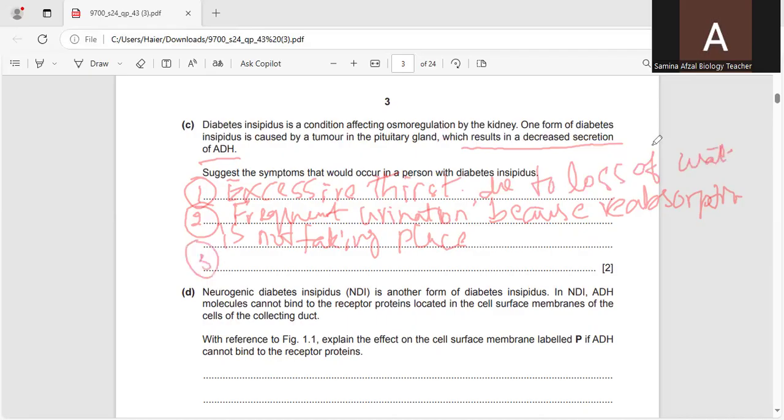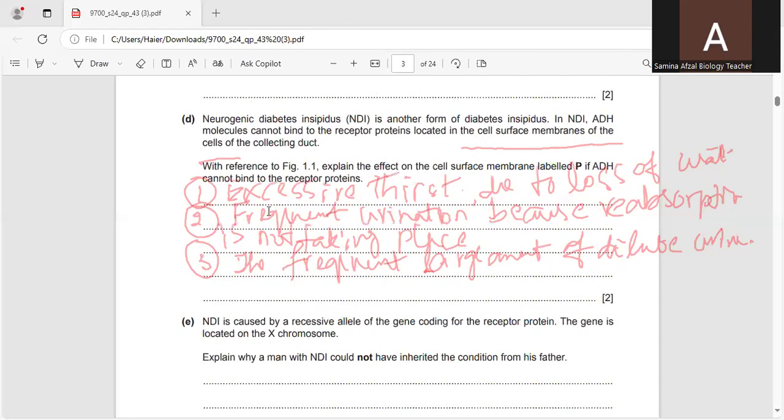And then the third, we can write the third condition, that is the frequent passing of dilute urine, which is not a good sign. So in this way, these are the different symptoms which are produced.